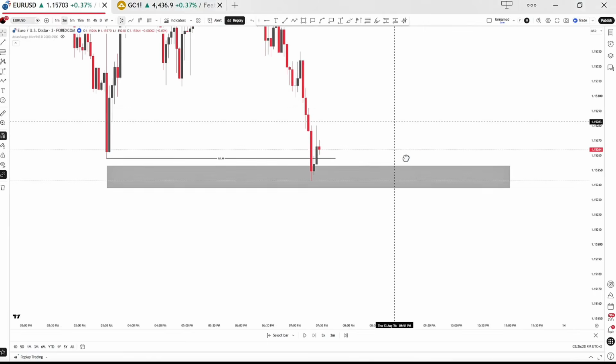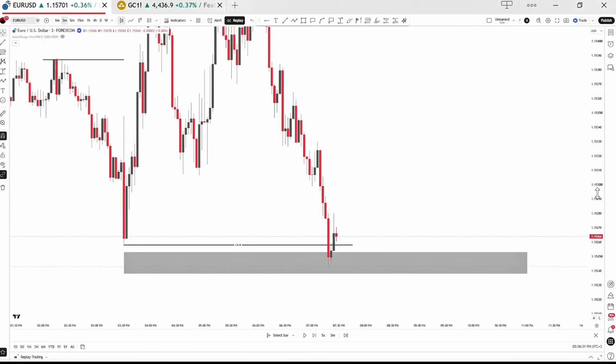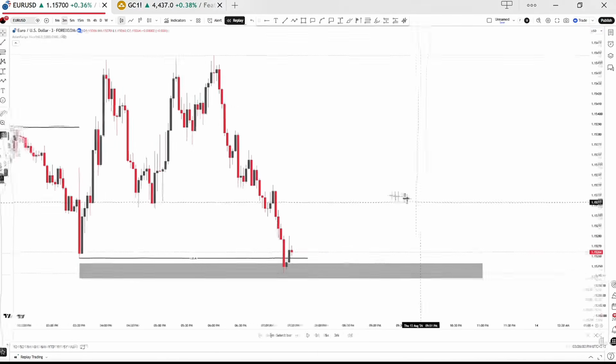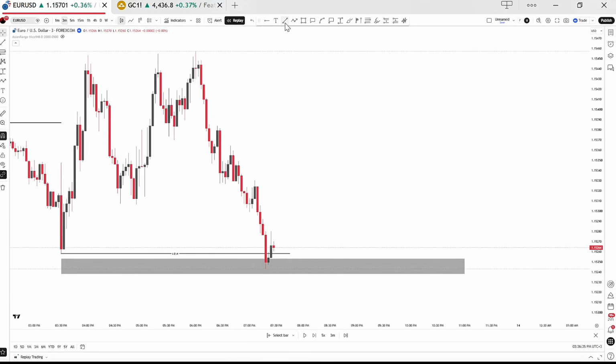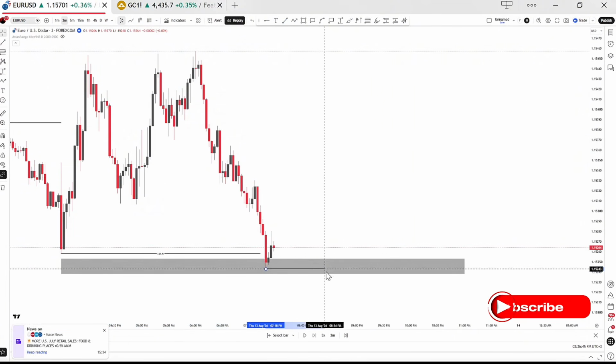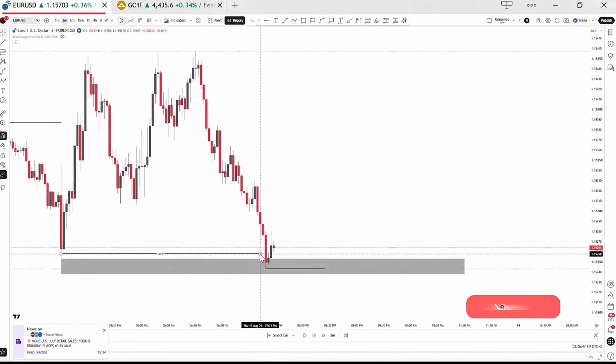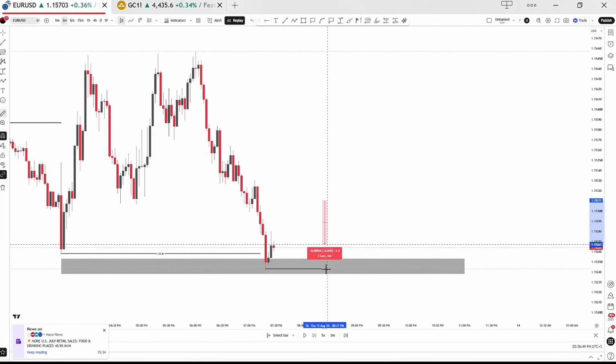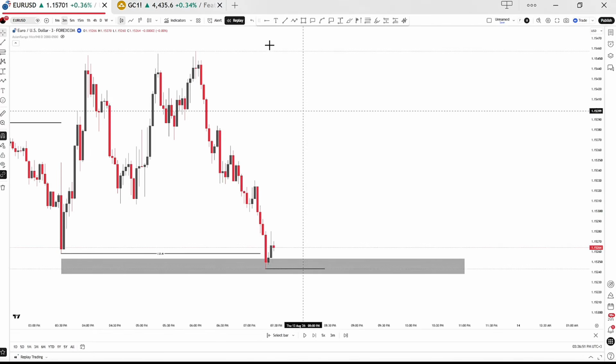Okay, so in a smaller time frame, in this case I'm using the 3-minute time frame, we see that price tapped in and later immediately pushed away. What we need to understand here is that in most cases, if price taps into the right zone, it needs to clear out that level, the first touch on the zone.